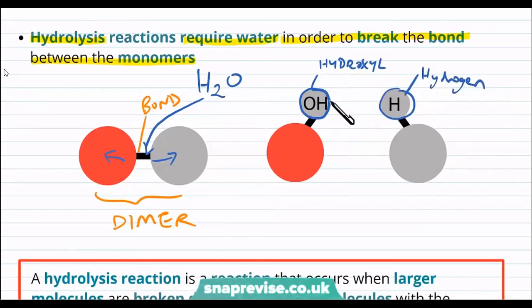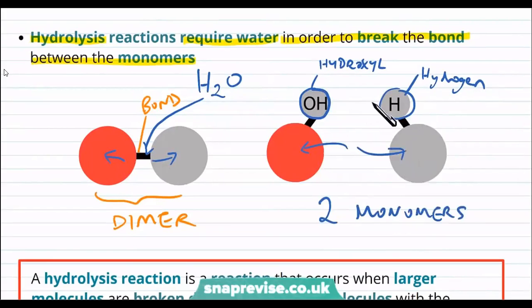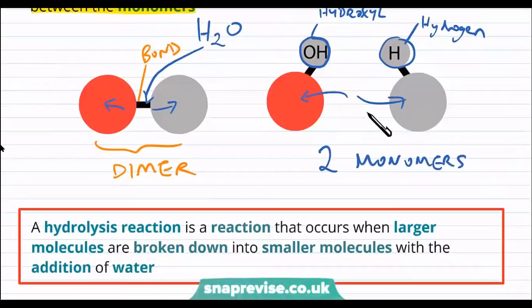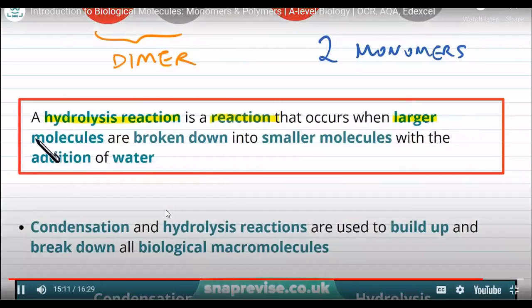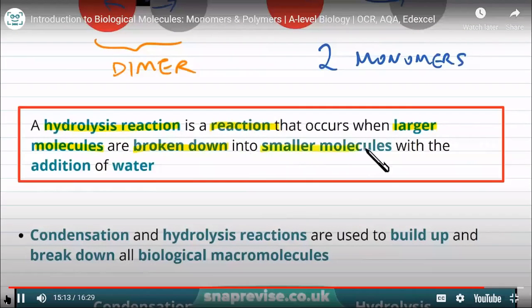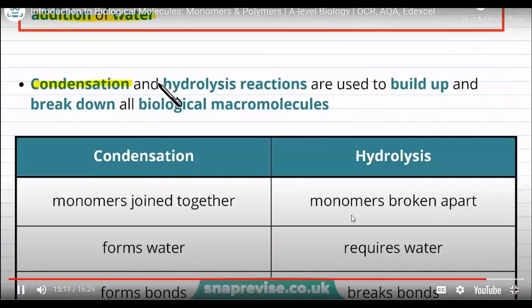And you can see that water can provide these because we've got 2 H's and an O. And then when these groups form, the bond can no longer form because they're sort of in the way. The chemistry is different. So now the monomers separate and we're left with 2 monomers. So you can see how it's the direct reverse of condensation, where in the condensation reaction, we removed water to make that bond. So by definition, a hydrolysis reaction is a reaction occurring when larger molecules are broken down into smaller molecules with the addition of water. So the condensation and hydrolysis.